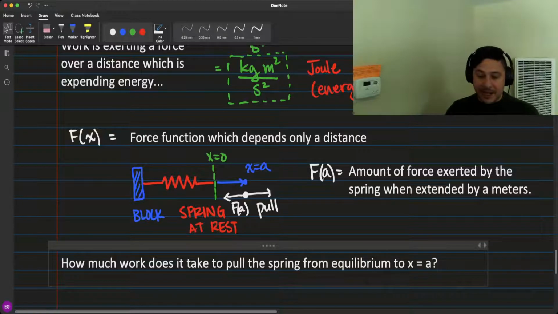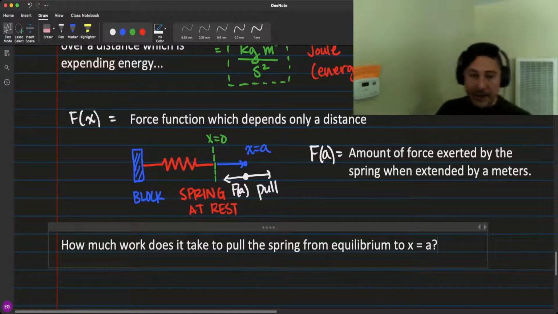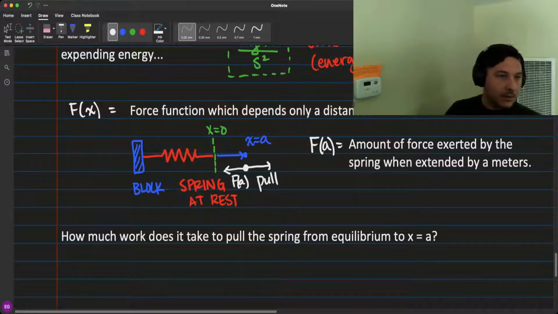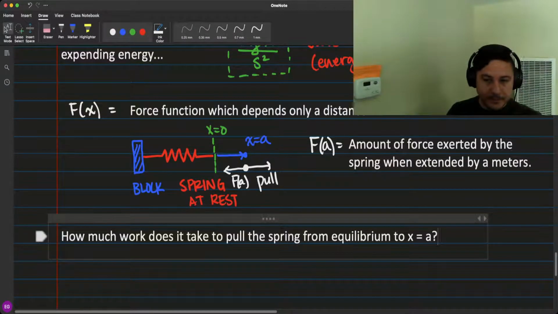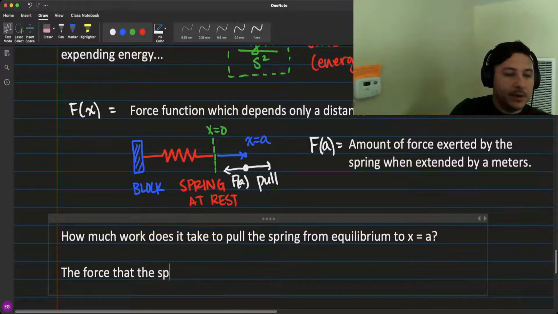Now, this is complicated by the fact that the force that the spring exerts is not constant.